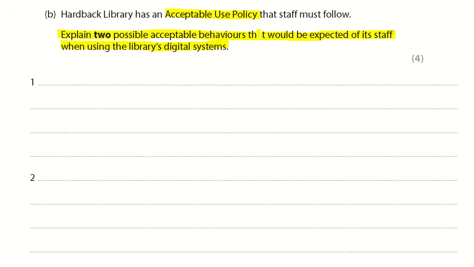So we know that an acceptable use policy tells the staff what they can and can't do and all of the consequences from that. This one's asking us to explain 2 possible behaviours that would be expected. So 2 things staff must do. You've got to identify it and then explain it.